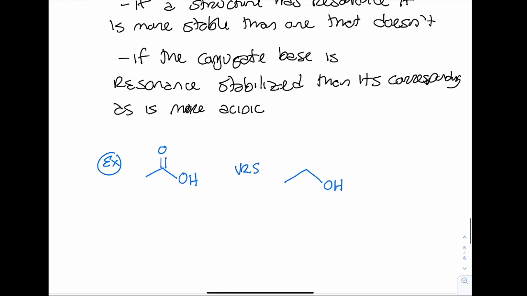So comparing my carboxylic acid to my alcohol, my pKa for acetic acid is about 4.8. And my pKa for this alcohol, this is ethanol, is 16. So we know that this one is my stronger acid. And we know that right now just based on the fact that I gave you the pKa values.